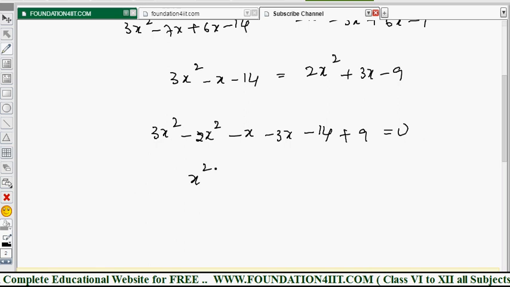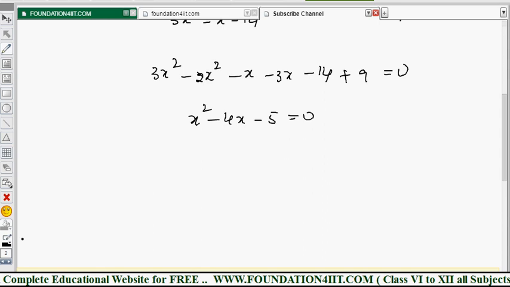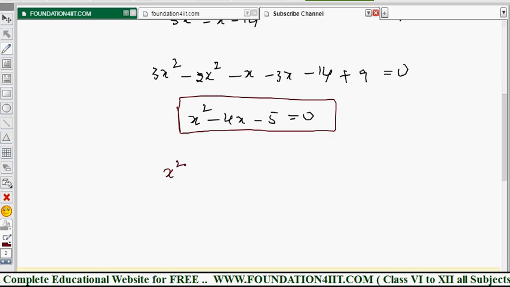Now this is x square minus 4x minus 5 is equal to 0. So finally we got x square minus 4x minus 5 is equal to 0. Now this is in general form, right?